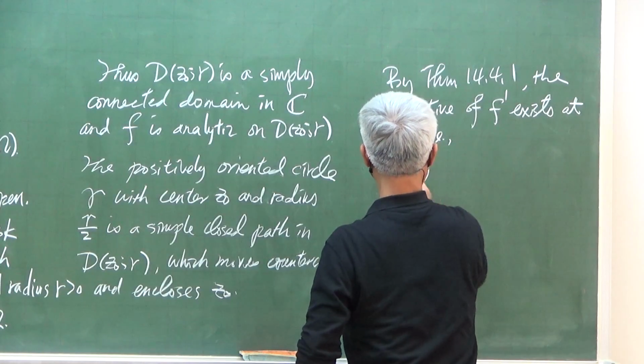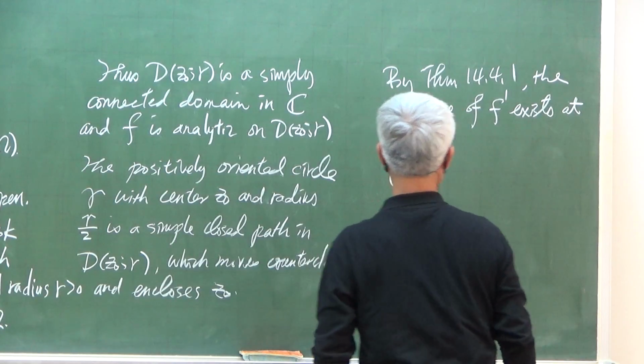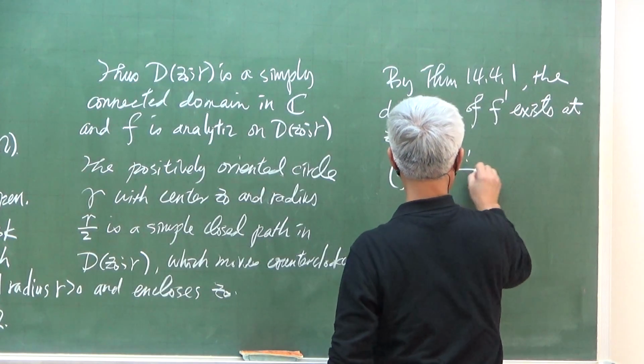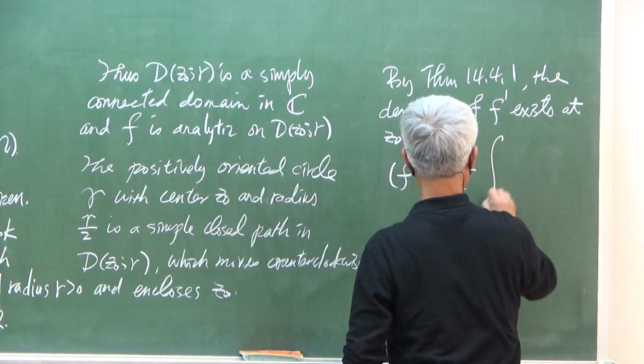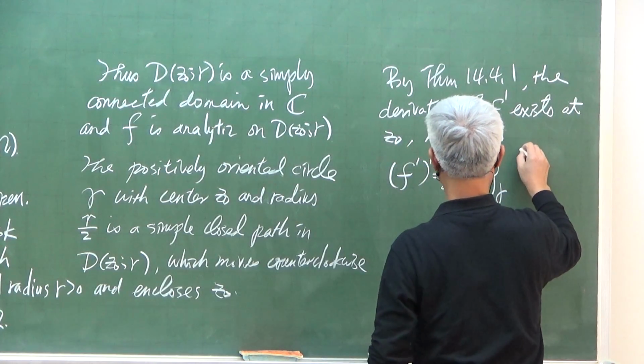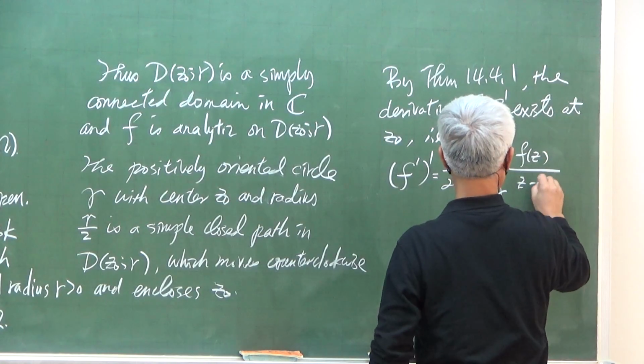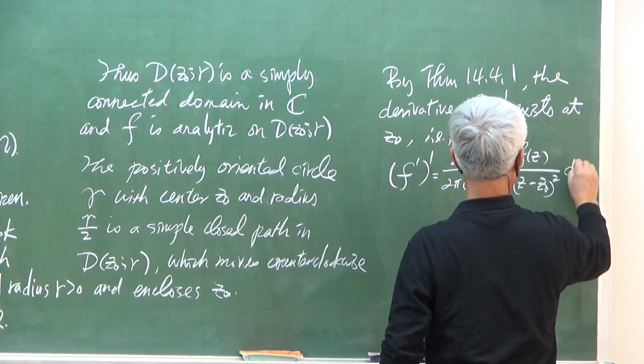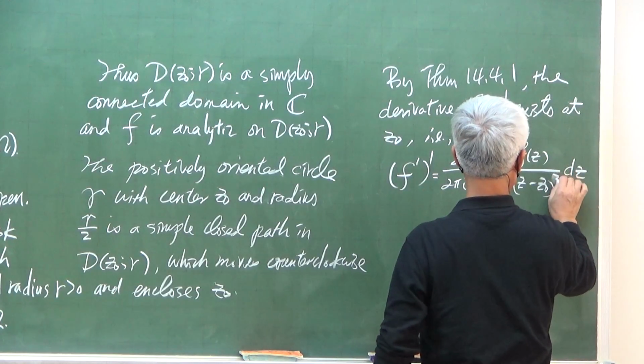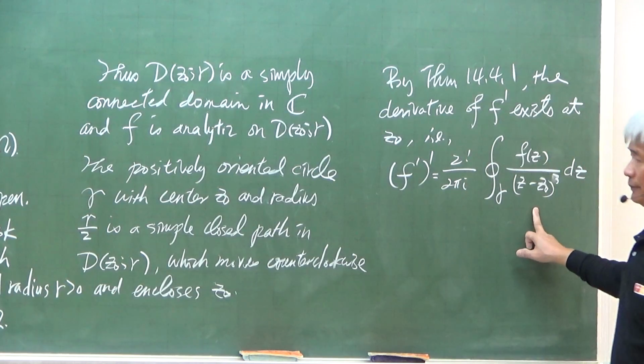Okay, f prime at z0 is equal to, okay. So we have that.